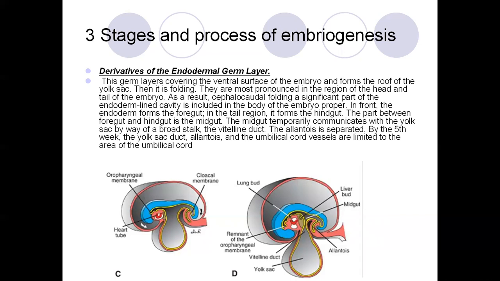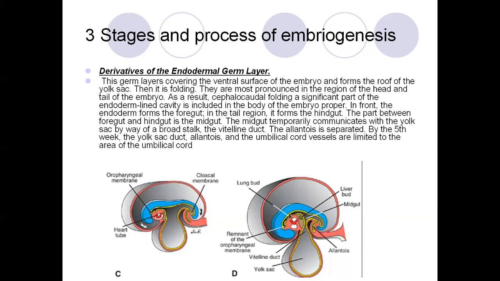The folds are most pronounced in the region of the head and tail of the embryo. As a result of cephalocaudal folding, a significant part of the endoderm-lined cavity is included in the body of the embryo proper. In front, the endoderm forms the foregut.